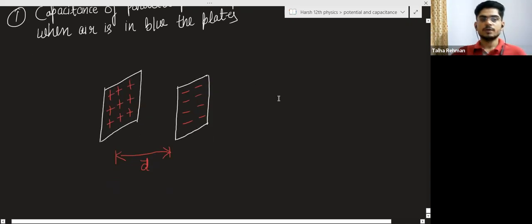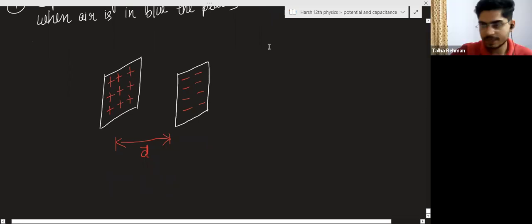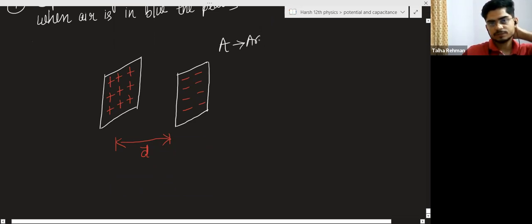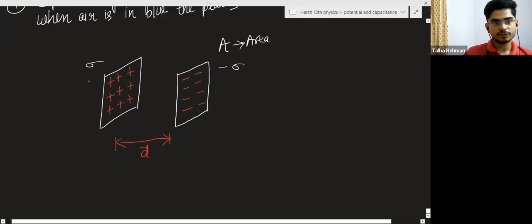Now we have two parallel plates, and the area of each plate is A. This plate has surface charge density of sigma. This plate has surface charge density of minus sigma. So you can say this plate has a charge of plus q, and this plate has a charge of minus q.